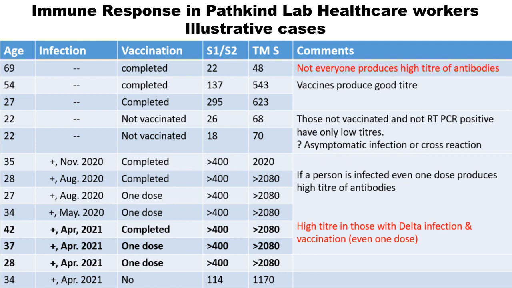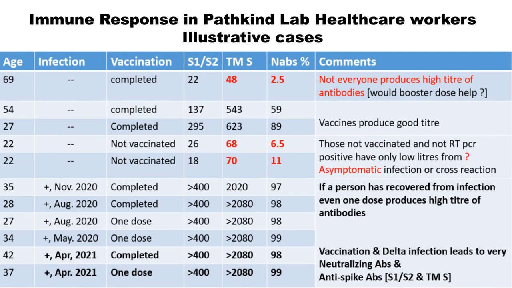But those who had vaccination as well as suffered from infection, either in 2020 or 2021 by the Delta variant, had very high titers of antibodies. Even 1 dose and infection, or infection and 1 dose, produced very high titers.